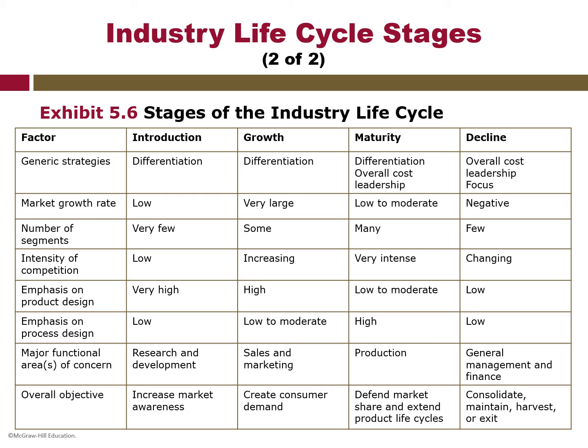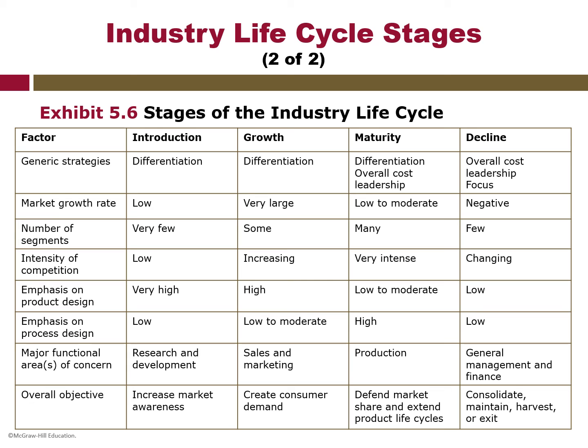And the major functional areas of concern: during introduction, most companies will focus on research and development. If you look at the growth stage, then the sales and marketing people or section will do their part.